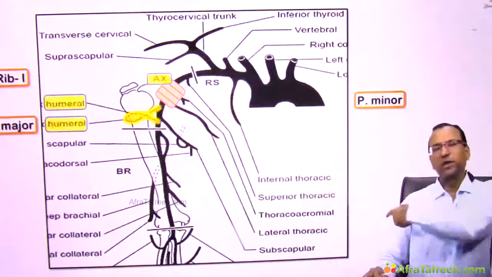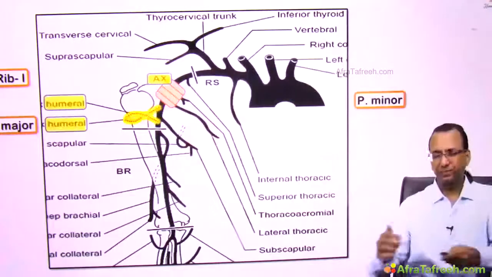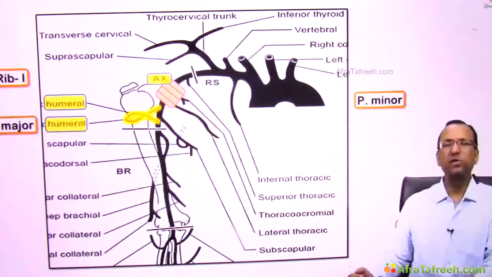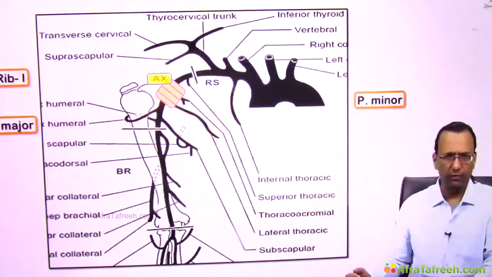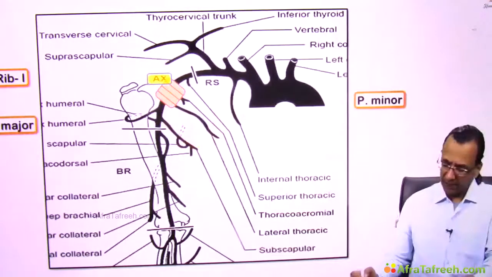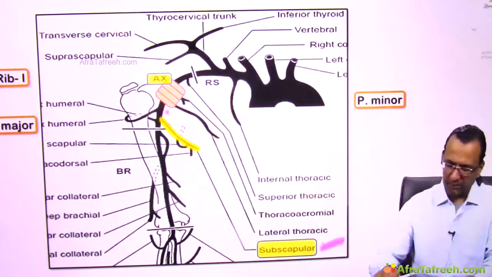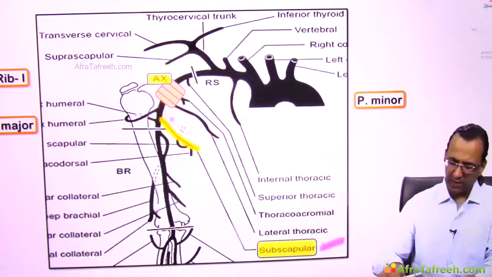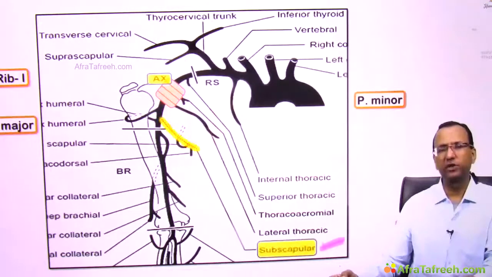They anastomose on the surgical neck of the humerus. And what is the third branch of the third part of the axillary artery? It goes under the scapula, so it is called the subscapular artery, and it participates in the scapular anastomosis.